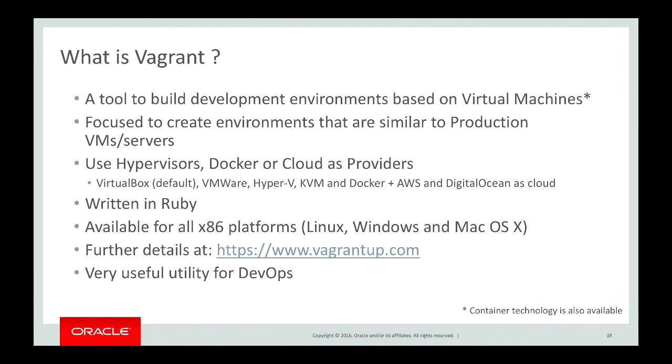Vagrant aims to mirror the production environment by providing the same operating system, packages, users, and configurations, all while giving users the flexibility to use their preferred editor, integrated development environment, and browser. Vagrant also integrates with your existing configuration management tooling like Chef, Puppet, Ansible, or Salt, so you can use the same scripts to configure Vagrant as production.